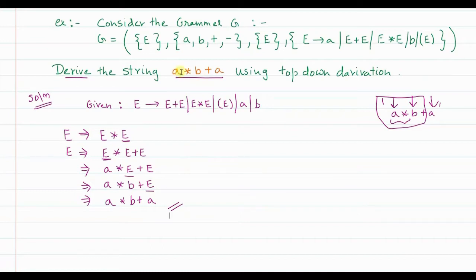The input string given was A into B plus A; have we got that string back? Yes. That means this string belongs to the language whose grammar has this production. So we have successfully derived the string A into B plus A, and it is a valid string. This is called derivation of the string.